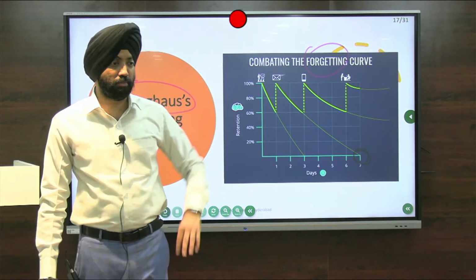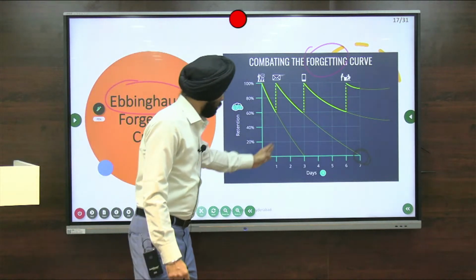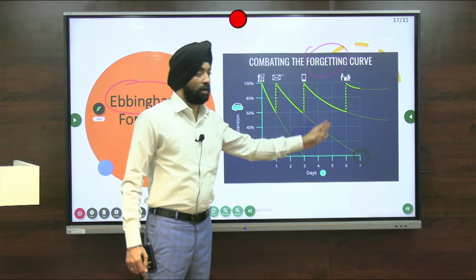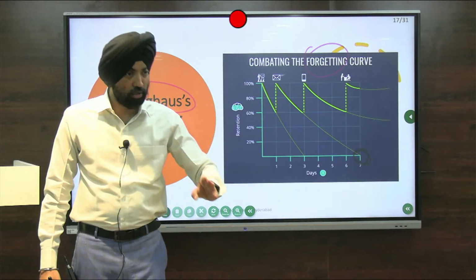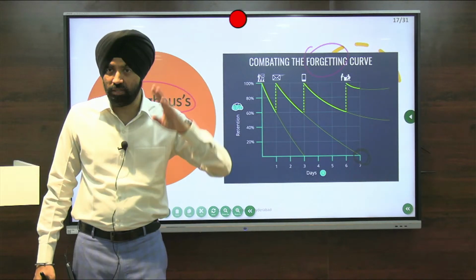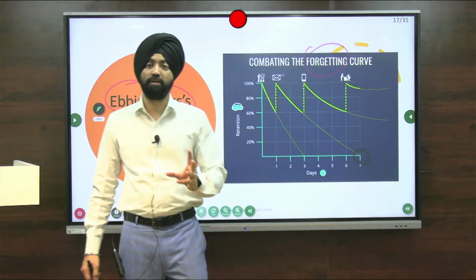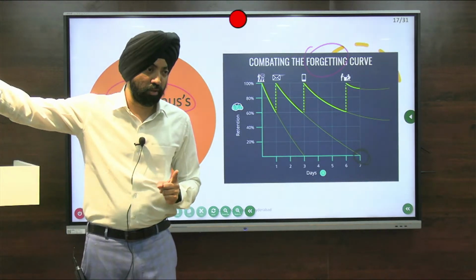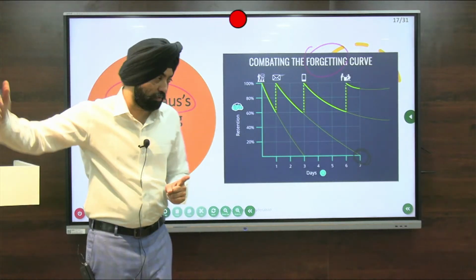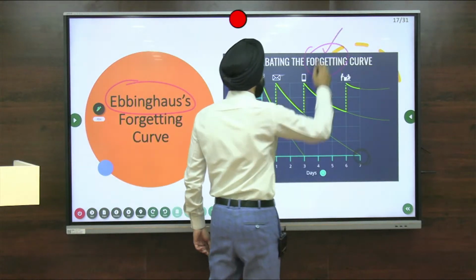So at regular intervals, you have to read, recite and recall, minimum 2 to 3 times in the first 7 days, if you want to remember it for a longer period of time. That is the only way you can come out of your forgetfulness.